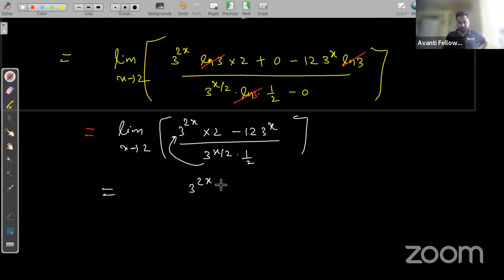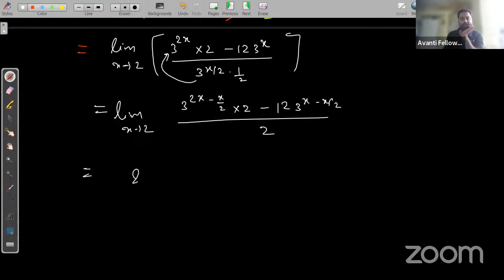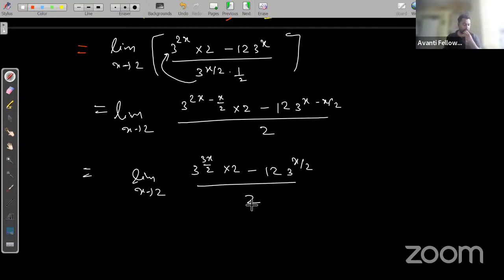So this will be 3^(2x - x/2) into 2 minus 12 into 3^(x - x/2), divided by 2. Limit x tending to 2. So we are getting limit x tending to 2, 3^(3x/2) into 2 minus 12 into 3^(x/2), whole divided by 2, right?